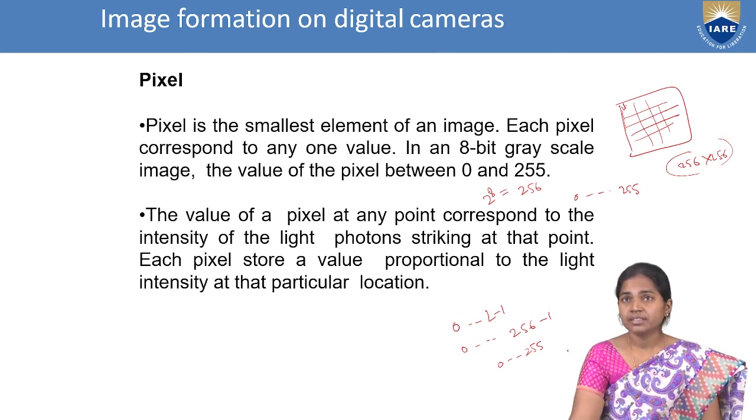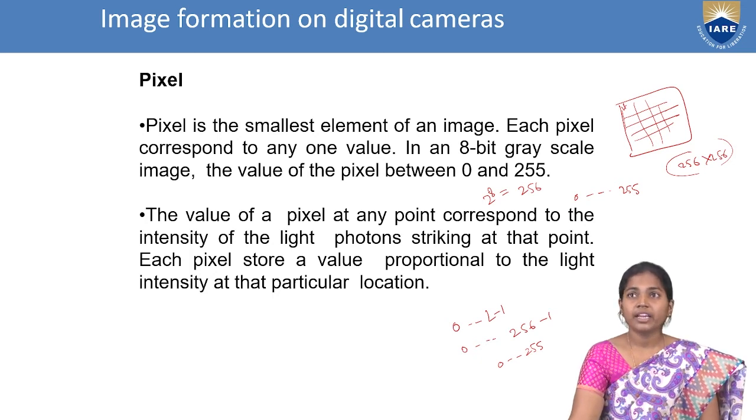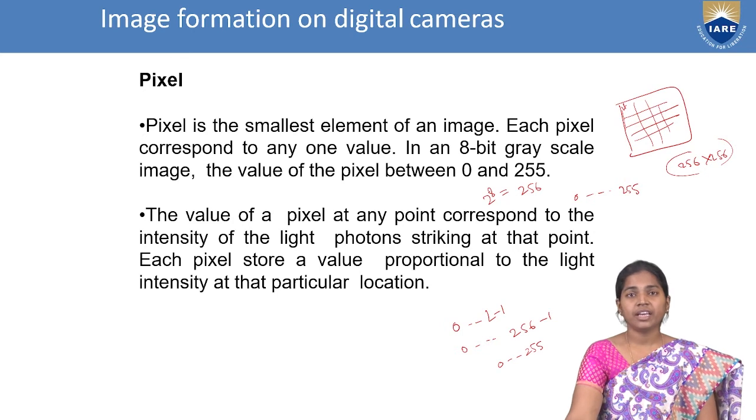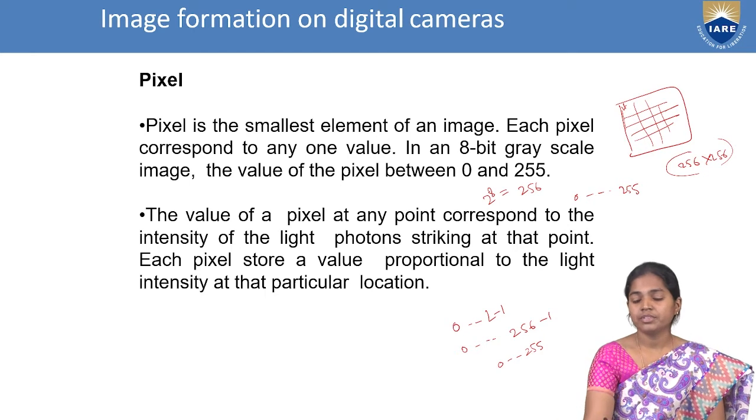A pixel is the smallest element of an image. Each pixel corresponds to one value. In an 8-bit grayscale image, the value of the pixel is between 0 and 255.